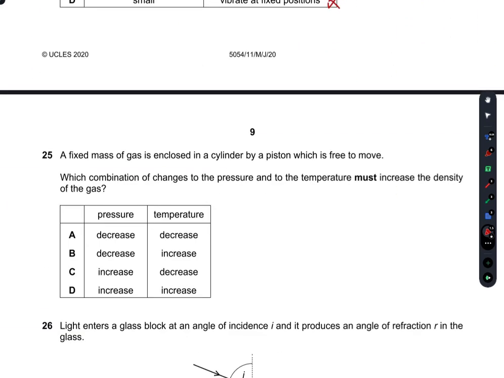A fixed mass of gas is enclosed in a cylinder by a piston which is free to move. Which combination of changes to the pressure and the temperature must increase the density of the gas? So density is equal to mass over volume, and we have to increase the density of the gas.